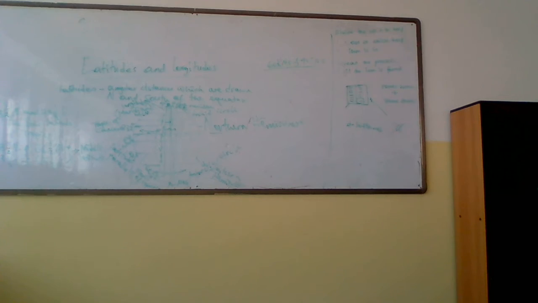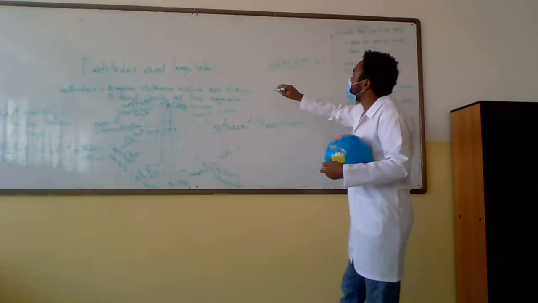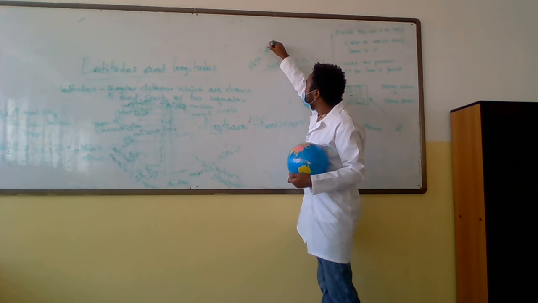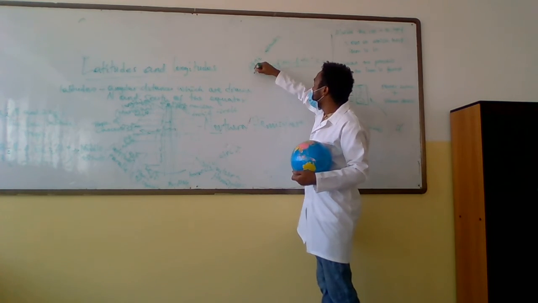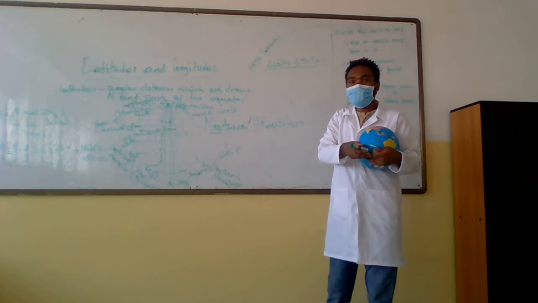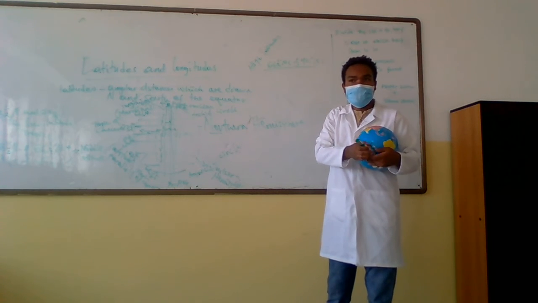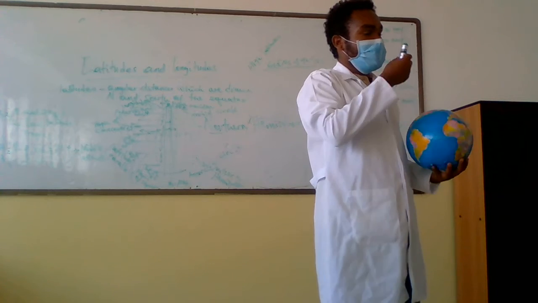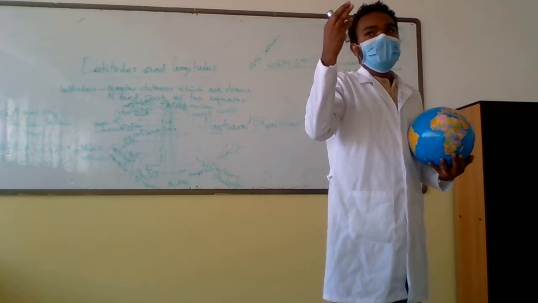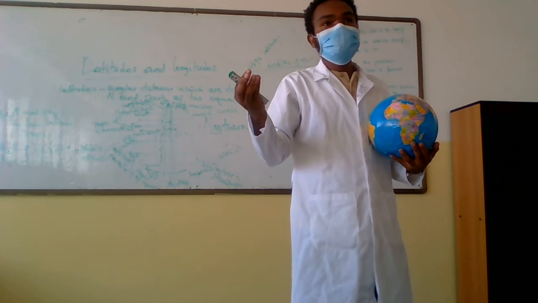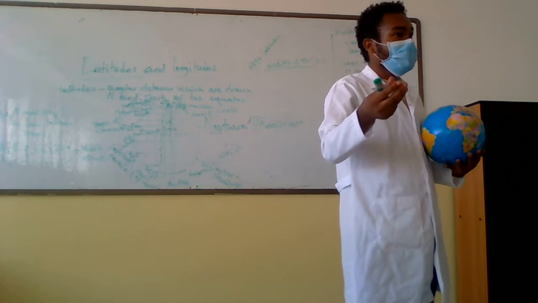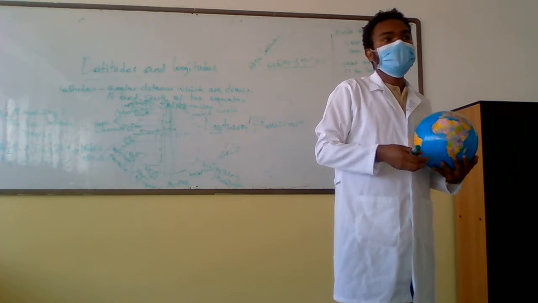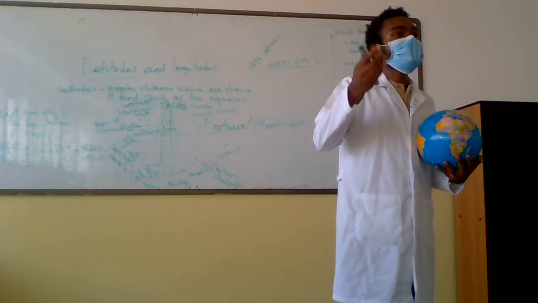We call those places high latitudes. So these are the three zones that the earth is divided into: low latitudes, middle latitudes, and high latitudes.